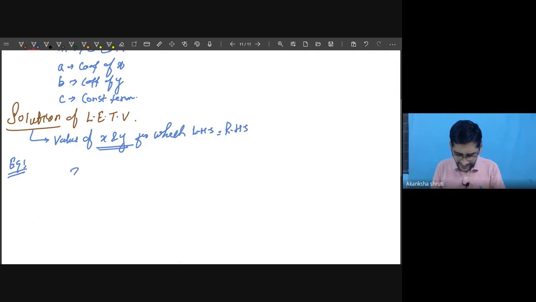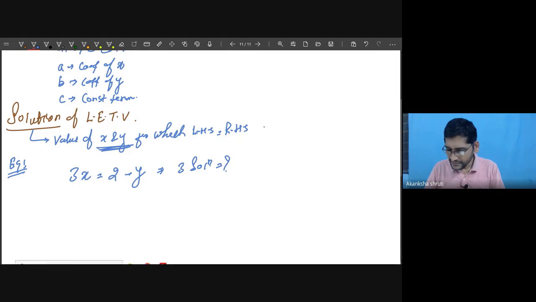We are given 3x is equals to 2 minus y, and we need to find its three solutions. Solution means the values of x and y. The two things are there, one is x and the other is y. So always we are giving it in the form of a pair.